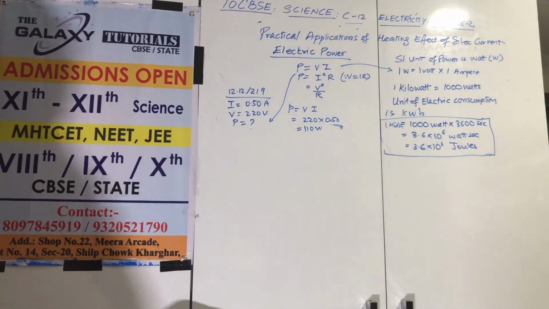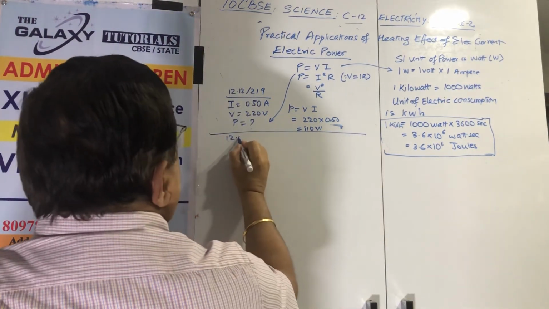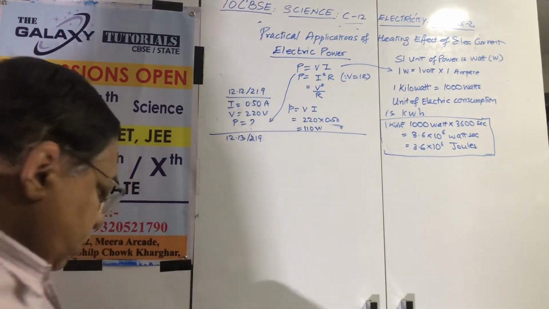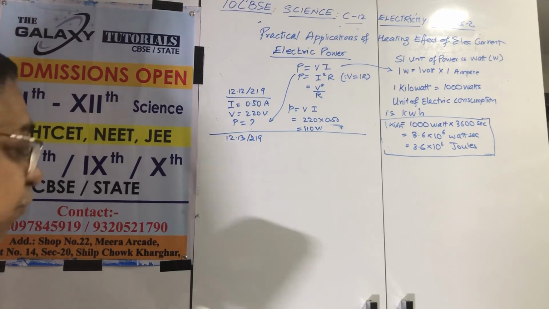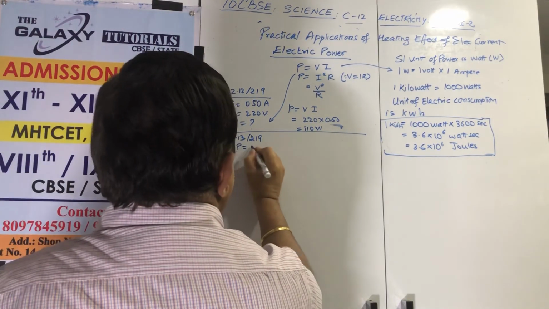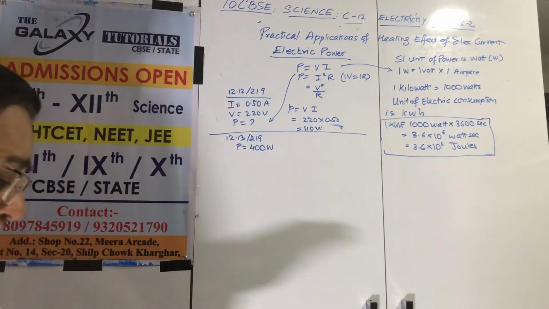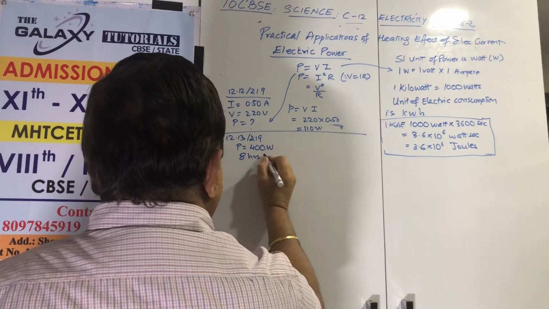Simple, my friends. Let us look at 12.13 on page 219 and 220. An electric refrigerator rated 400 watts. Rating, how much it can use. Operates 8 hours per day.